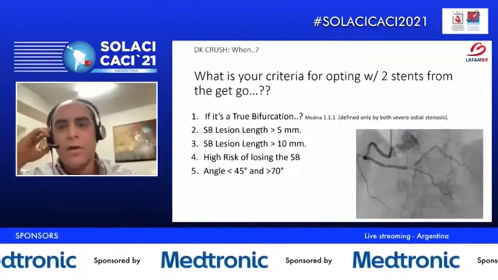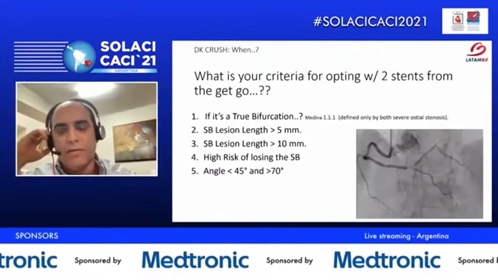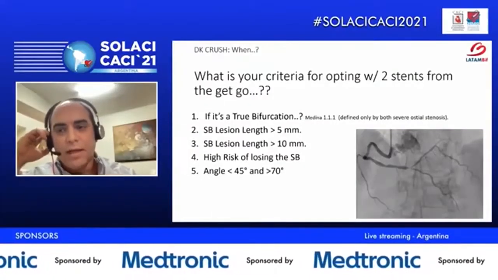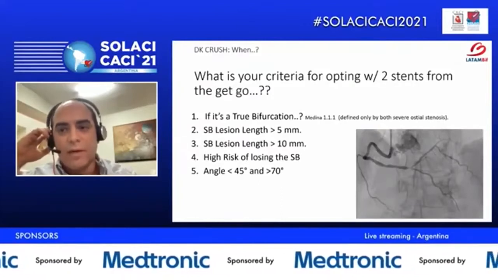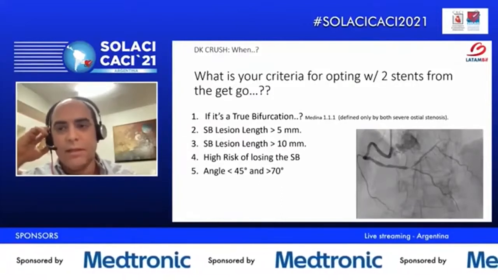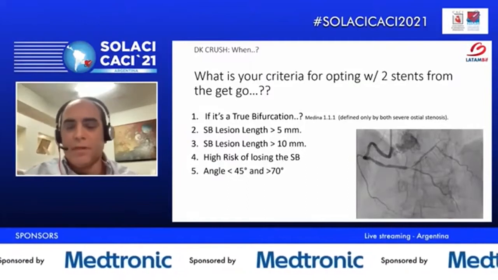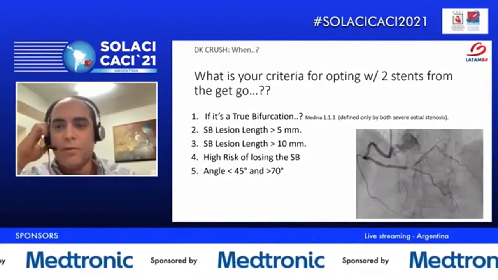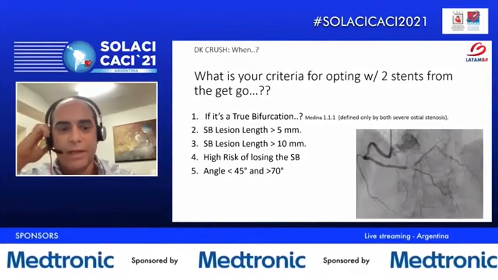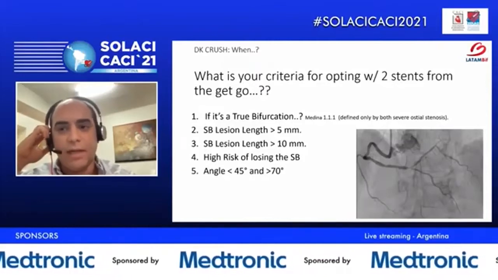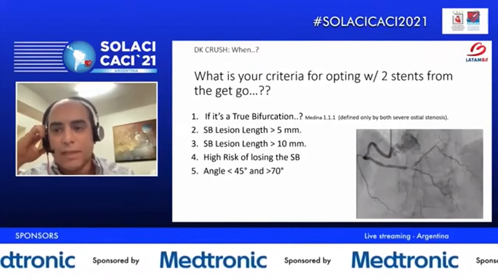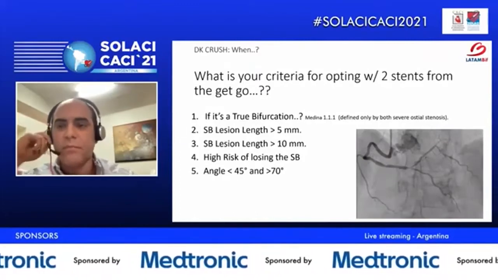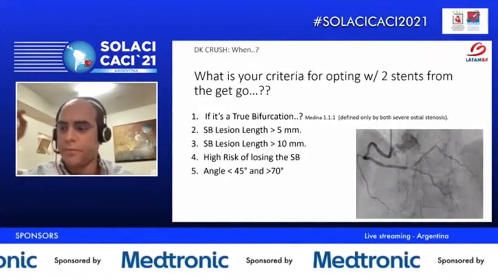The length of the lesion, the stenosis if it's over 70%, and the re-axis. Based on this, we consider the two stent. We may start with the provisional stent, but if there are some complexity issues, then we'll see. But the side branch is really the most important.